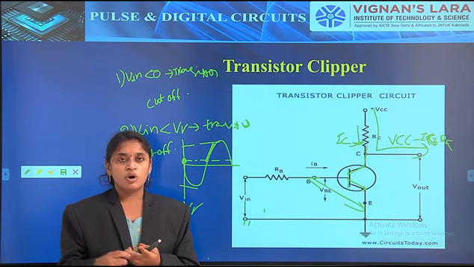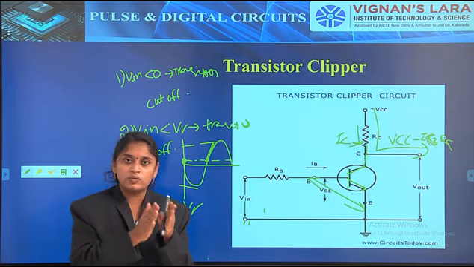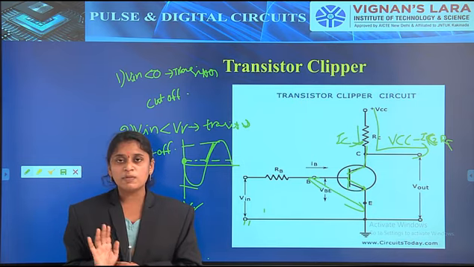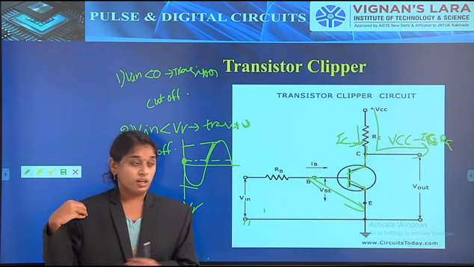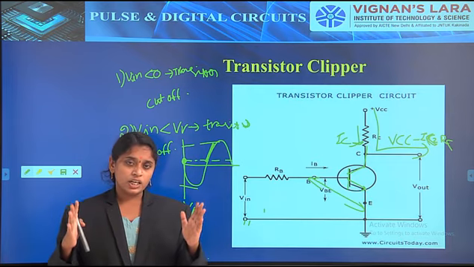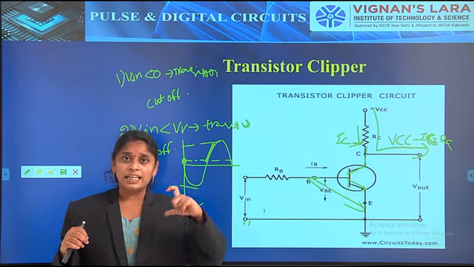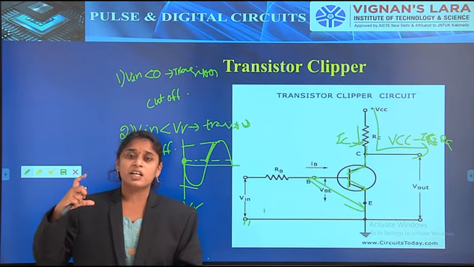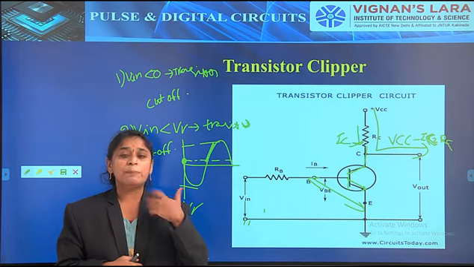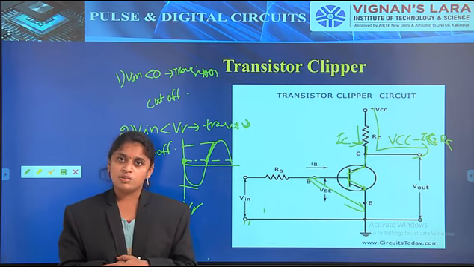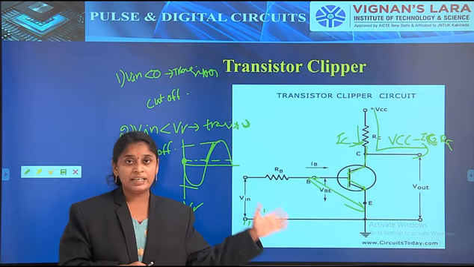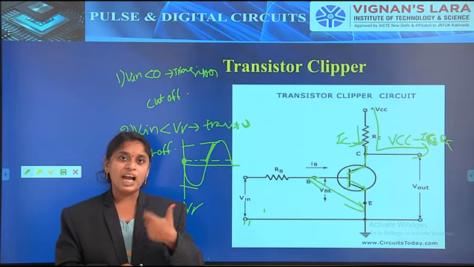In the active region VBE must be forward bias, and in the saturation region VBE must also be on, forward bias. But for the base collector junction, in the active region it must be reverse bias, and in the saturation region it must be forward bias. So it depends on the IB and IC currents. Based on that we have to find the IB current, and we know the IC current also.